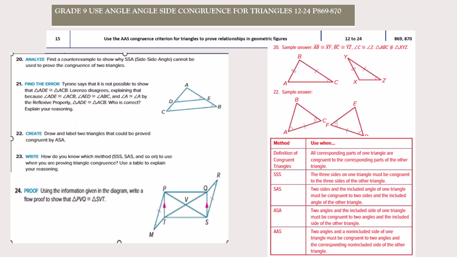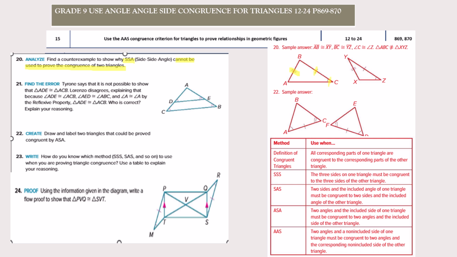So in the next slide, I'm going to quickly look at example 20, which says find a counterexample to show why side-side-angle cannot be used to prove a congruence of two triangles. And you can see the sample answer here. So you have side, side and an angle.